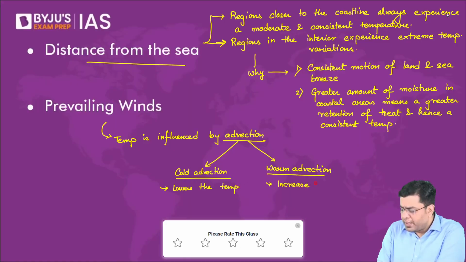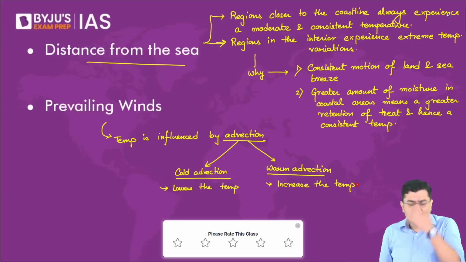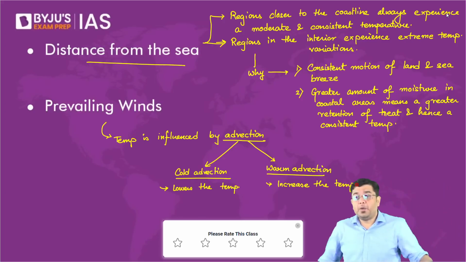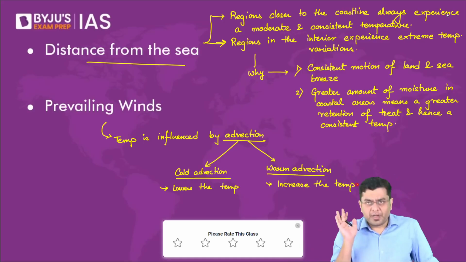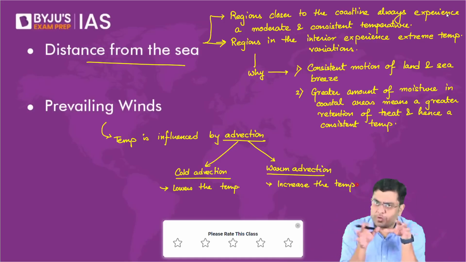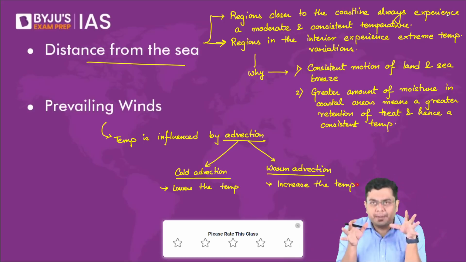Generally, when we talk about the prevailing winds, we talk about the permanent wind systems. For example, you have the trade winds, westerlies, polar easterlies, etc., that we have not yet covered till now. But this is to give you an idea that any kind of wind pattern can have the potential to influence the temperature of that region.